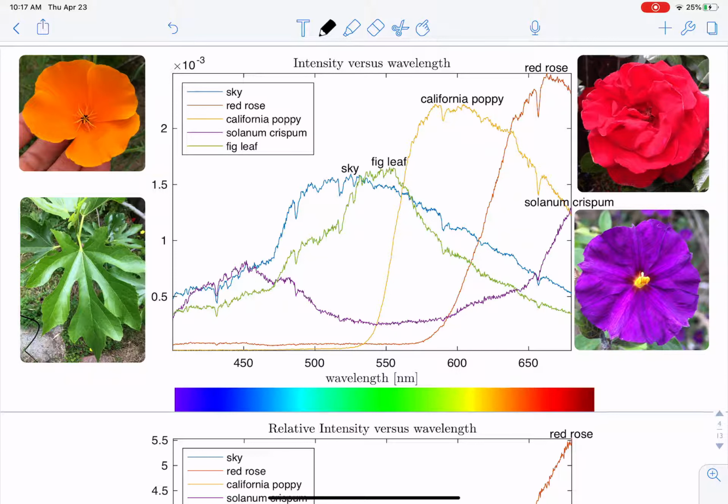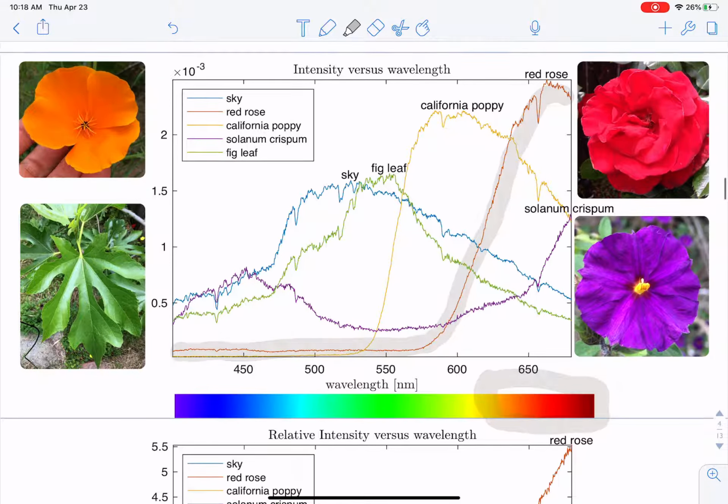Okay, so we could look at the fig leaf next. That's this guy here. You can see that it has a spike sort of in the green. It has a little bit of everything, but it's got more green. Now that's kind of why we see it as green. The rose, on the other hand, is really very much focused just in this range of the spectrum.